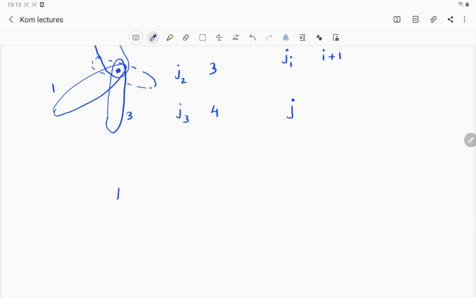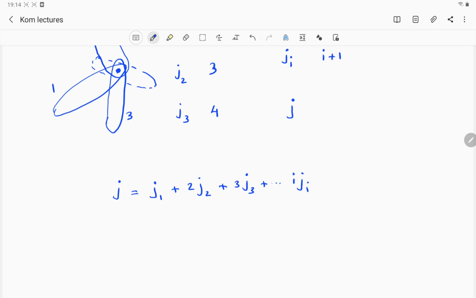What we have to do is J should be calculated using the following equation: J1 plus 2 into J2 plus 3 into J3 plus dot dot dot i into Ji.